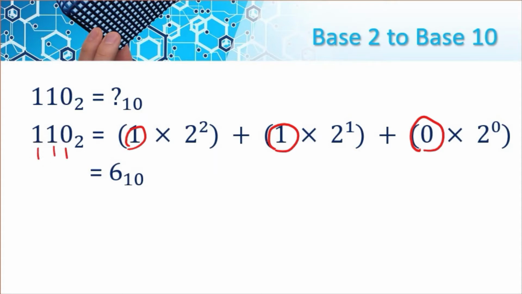So each bit, mao ni siya, so we have 3 bits, so each bit ato siya i-times, class, sa 2, since this is base 2. Then kaning naay number sa taas, to the power of 0, 1, and 2, mao ni ang number or ang position sa bit.